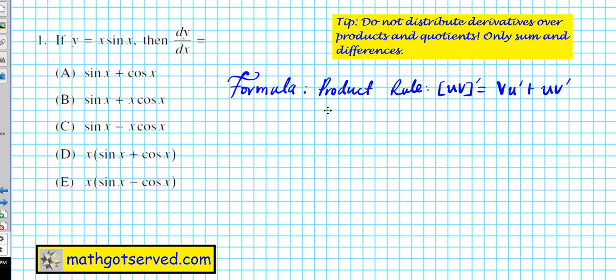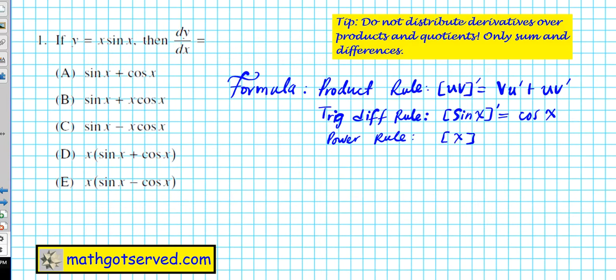And then you need to remember your trigonometric differentiation rule. The trig differentiation rule that we are going to be using for this example is the derivative of sine. The derivative of sine x is cosine x. And lastly, the power rule. We're going to be applying that to the derivative of x, x prime equals 1.